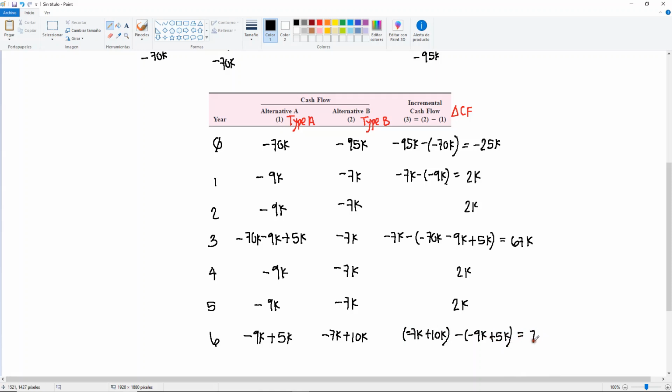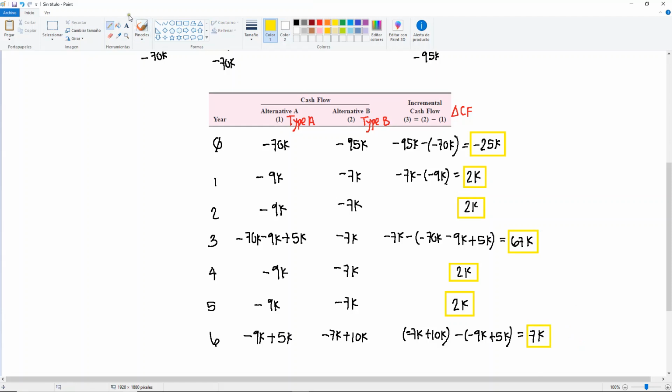So this will give us a total of positive 7,000. All of these are going to be the numbers that we will be using in the next step for the rate of return analysis. These are very important in order to solve a problem like this.